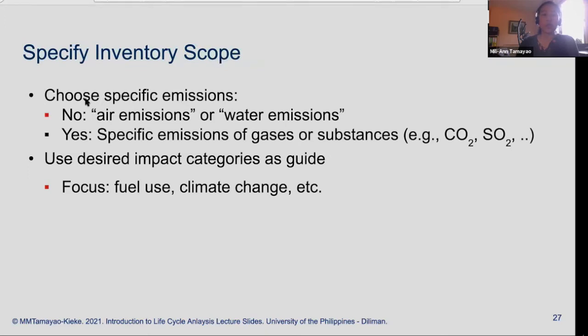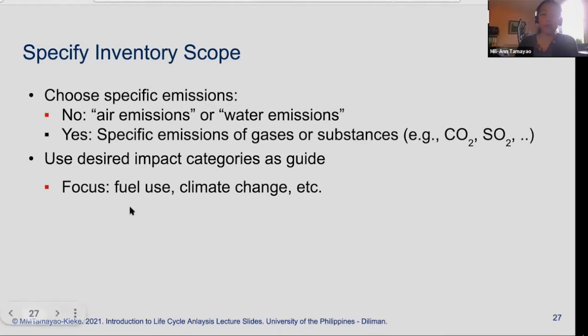So you have to choose specific emissions. For example, you can't just say air emissions or water emissions. You have to be more specific. So specific emissions of gases, for example, or substances. So for example, carbon dioxide or sulfur dioxide. And to identify these specific substances, you can use your desired impact categories as guides.